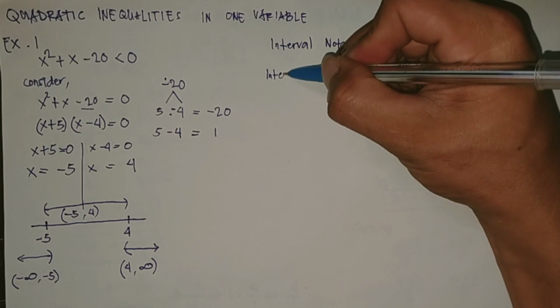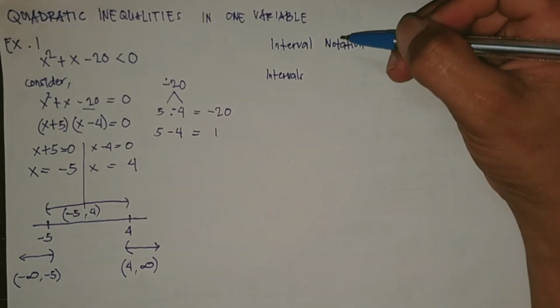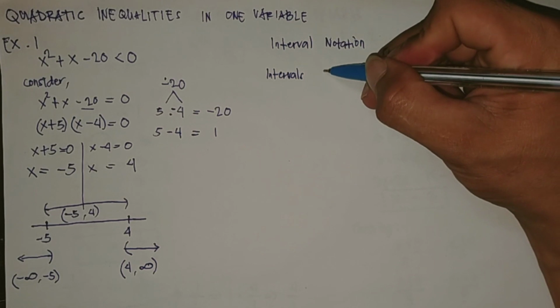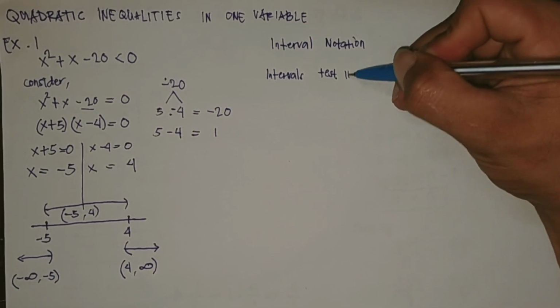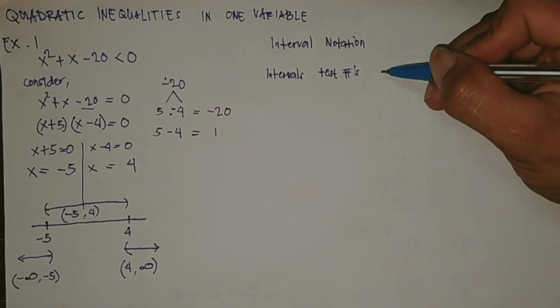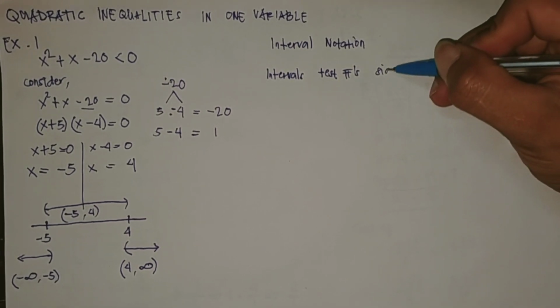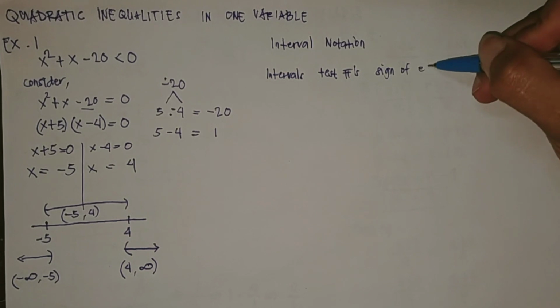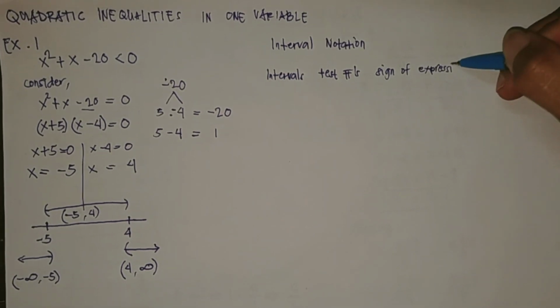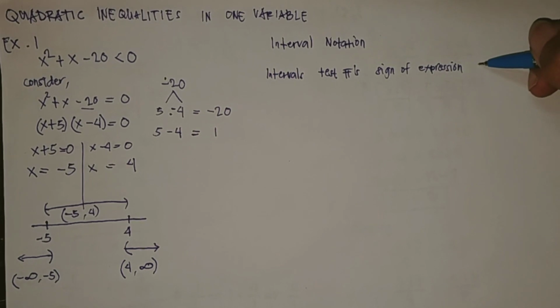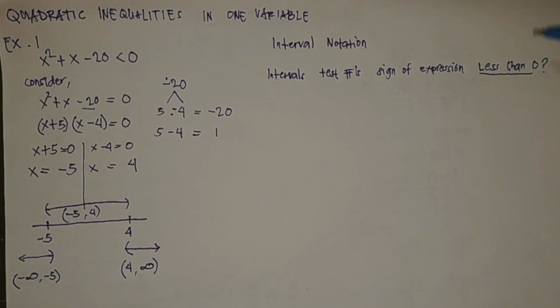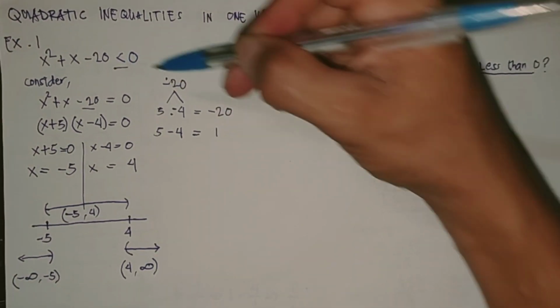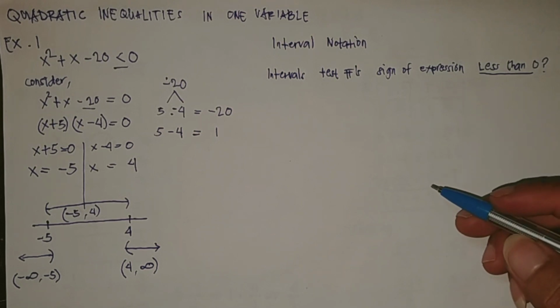We have intervals, test numbers, sign of expression, and less than 0. Less than 0 is referred to our original given, less than 0.